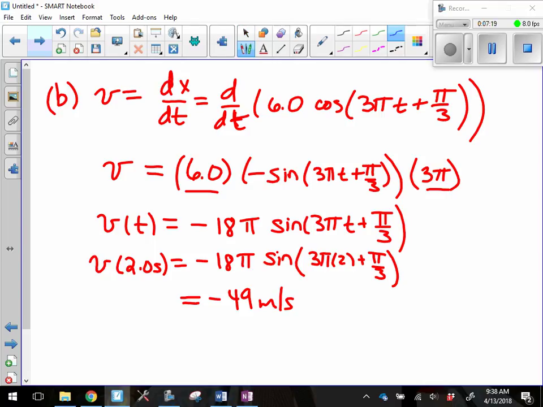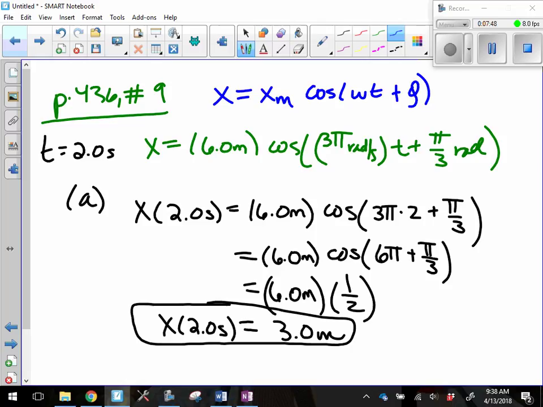Remember that the units for the 3 pi were really radians per second. Remember that the units for that 6 out front were really meters. Are you in radian mode? You've got to be in radian mode. Because, hang on, it said back here that the units inside that cosine were radians.